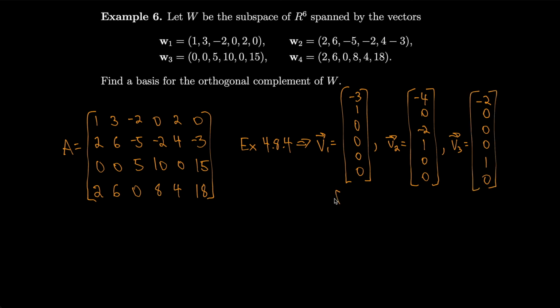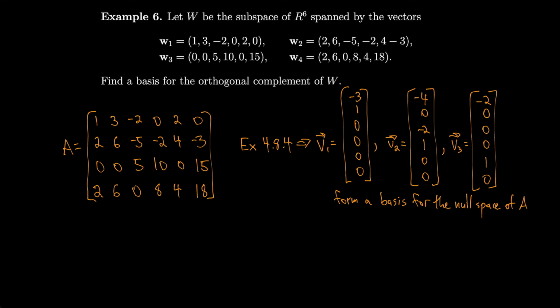So these guys form a basis for the null space of A. Convenient that we have the same matrix as last time, so we don't have to find these again.